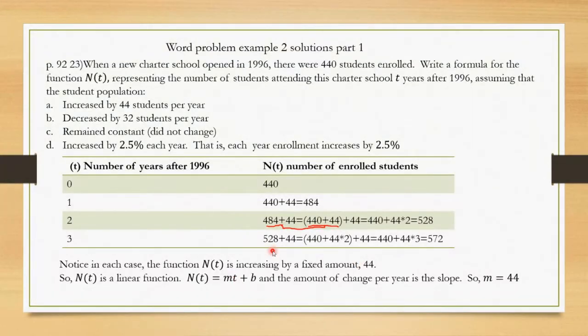But if another year goes by, we're adding 44 students. So we have 528 plus 44 now. But again, using this calculation, 528 is 440 plus 44 times 2. That was the line above. We're adding 44 more students, so altogether, we're going to have this amount.